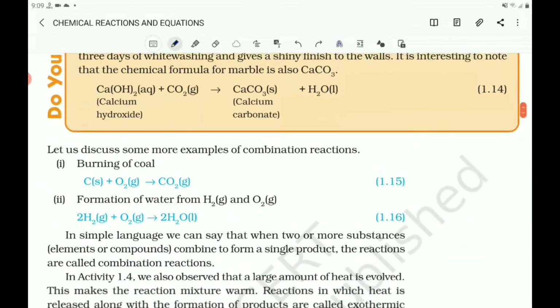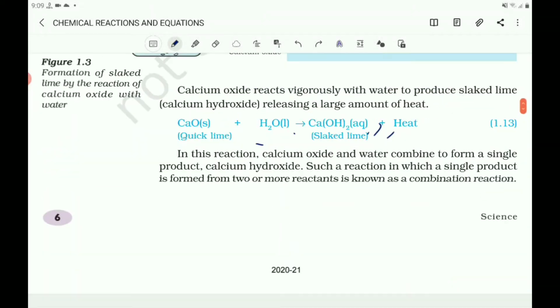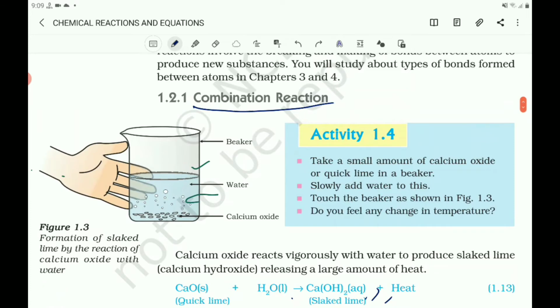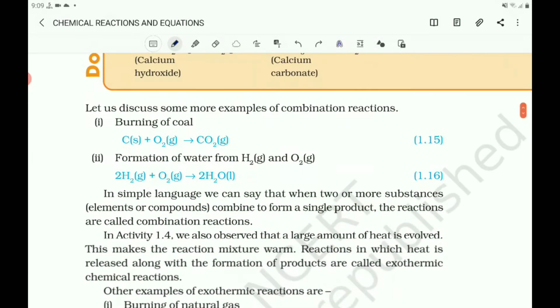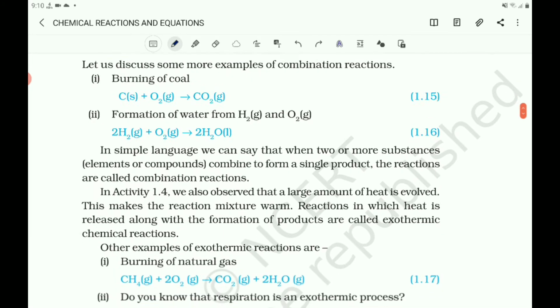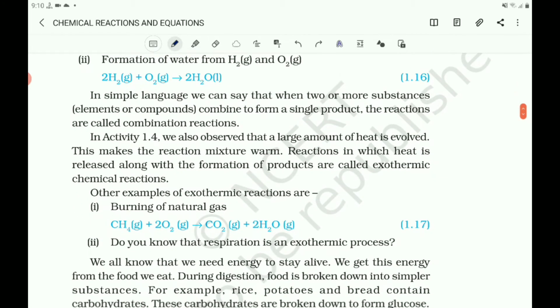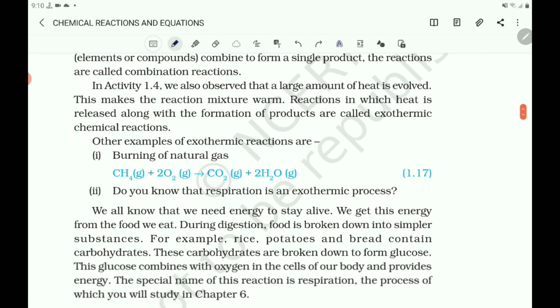In this activity, we have already observed that a large amount of heat is produced, and that is considered an exothermic reaction. And also, what type of chemical reaction is it? It is a combination. And also you can give some more examples.